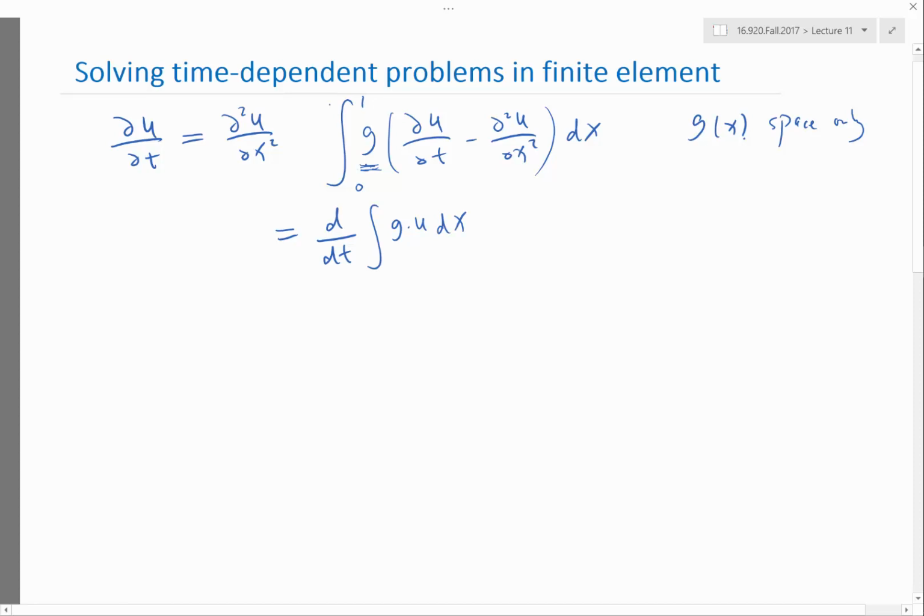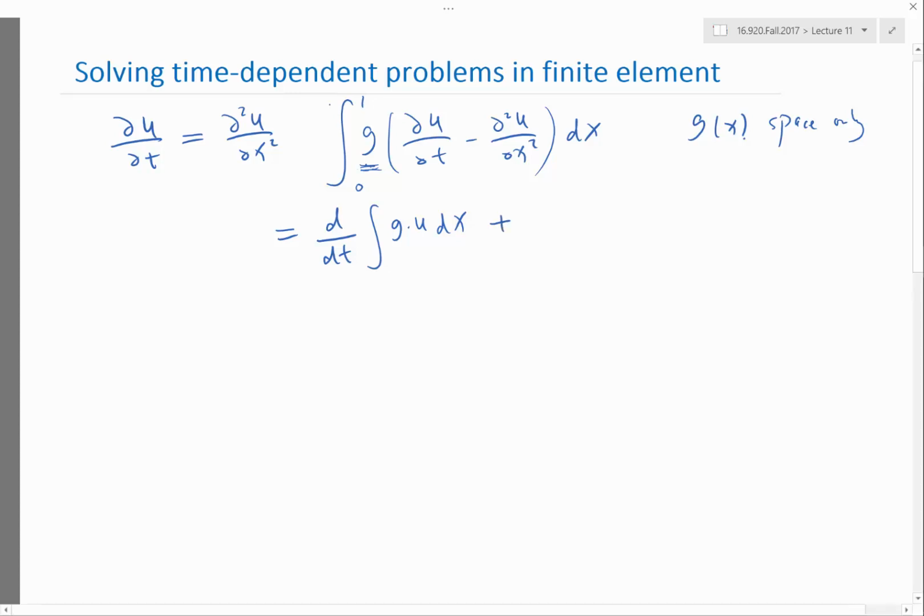The second term, we do our usual integration by parts. Whatever boundary condition you have to satisfy, we treat it using the same treatment. Let's simplify things a little bit and say we have a homogeneous essential boundary condition. What does that mean? Zero Dirichlet, right? So then the boundary terms go away.